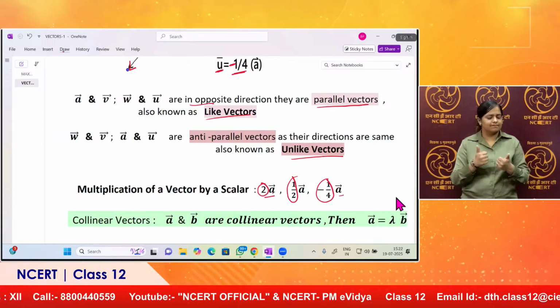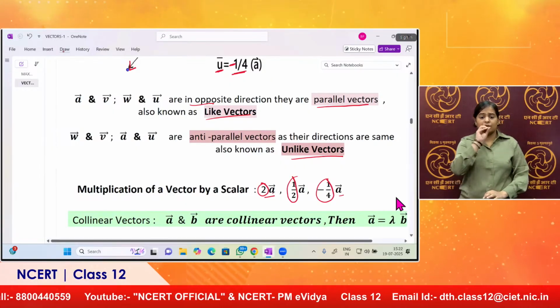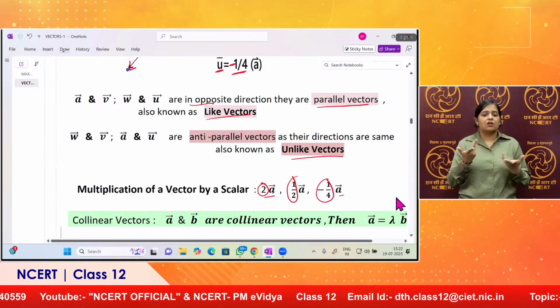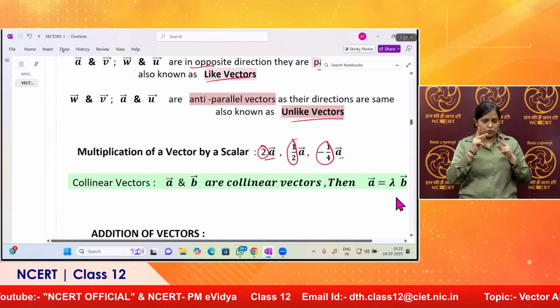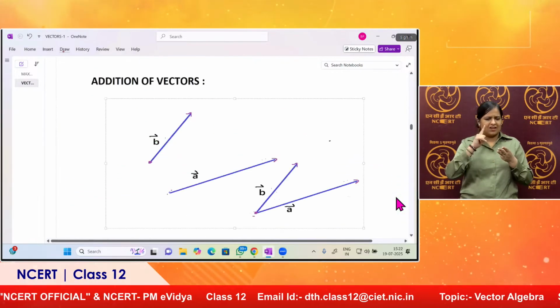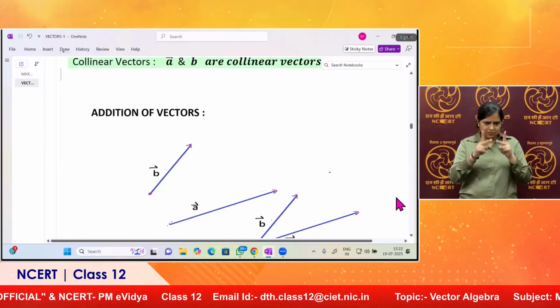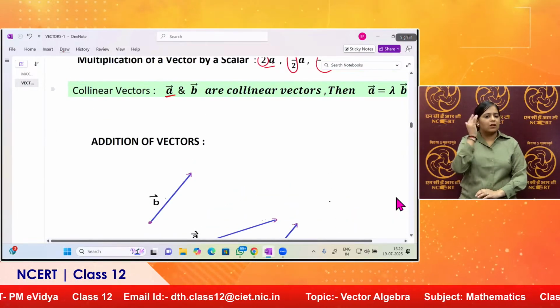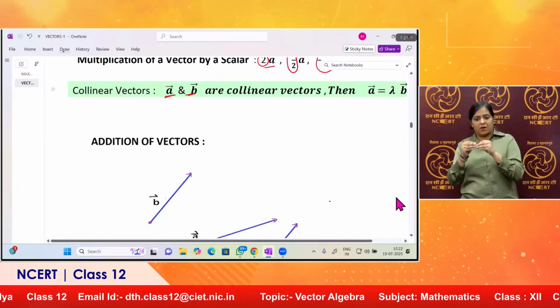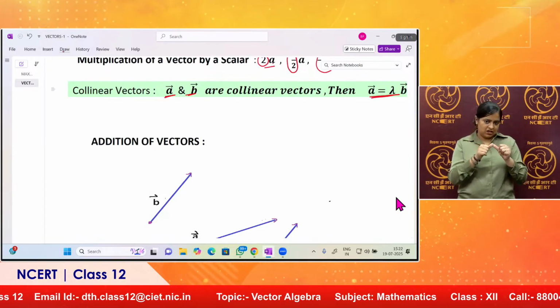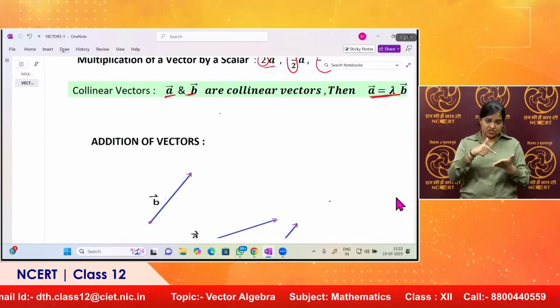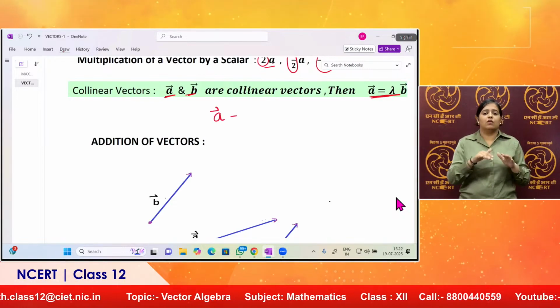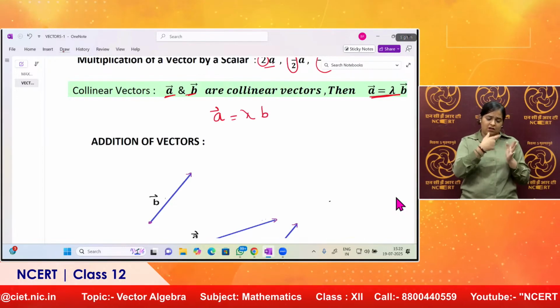Okay? So the information that you are going to take from here is, if you come across collinear vectors, what you need to know is how to handle these collinear vectors. The information that you have is, when A and B are two collinear vectors, then the vector A, that is one of the vectors, can be expressed as some scalar times the other vector.